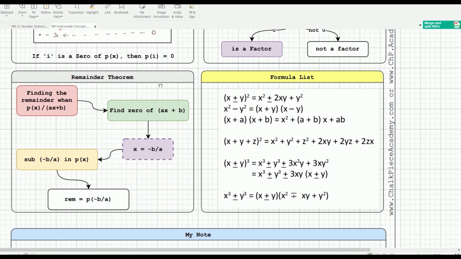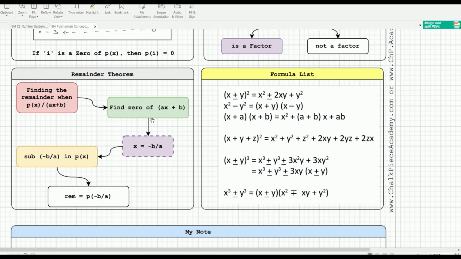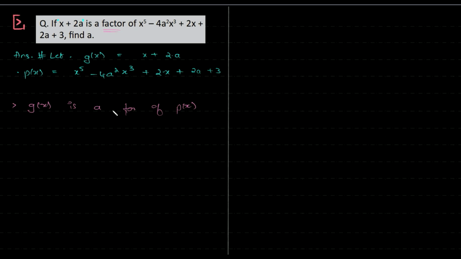We can find the remainder through the long method, or use the shorter version, the remainder theorem: find the zero of the divisor, substitute it in the other expression, and whatever output you get is your remainder. So this idea is what we have to use.